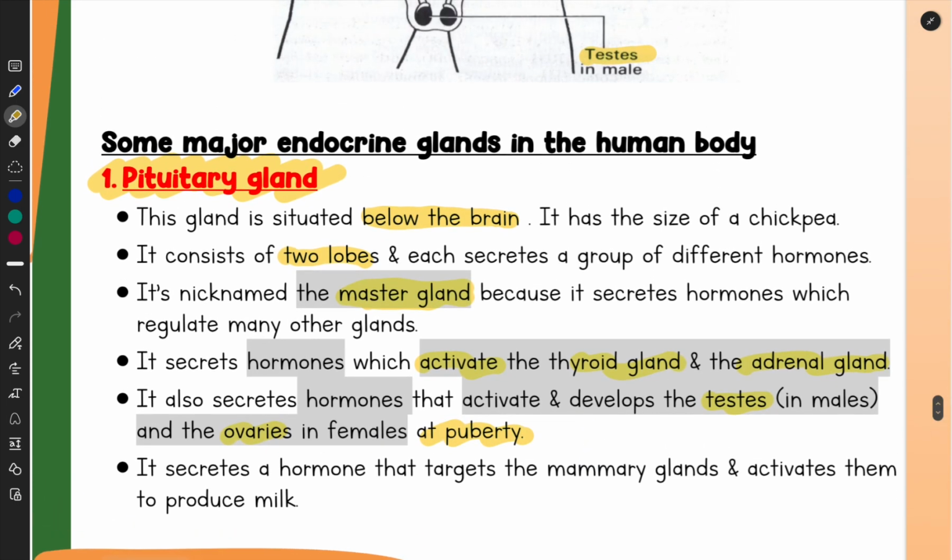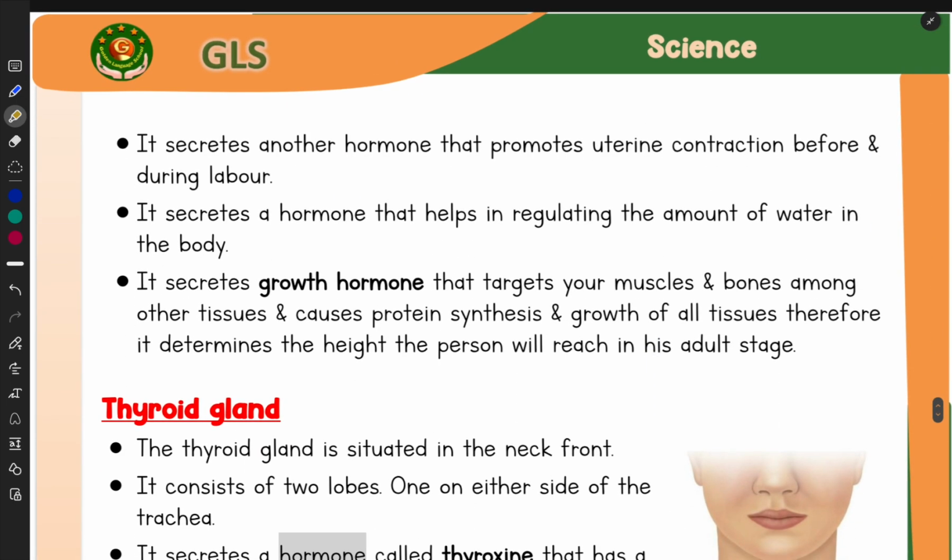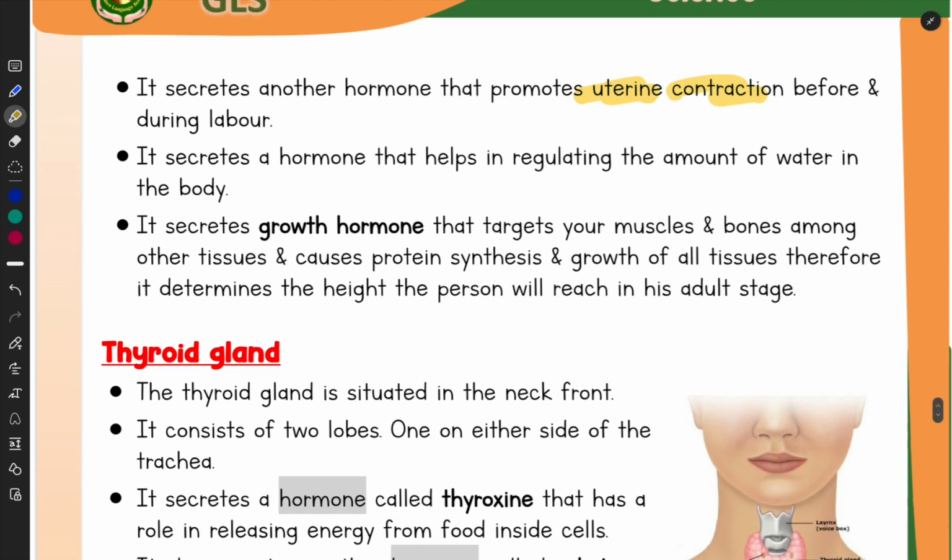It secretes a hormone that targets the mammary glands and activates them to produce milk in females. It also secretes another hormone that promotes uterine contraction before and during labor.